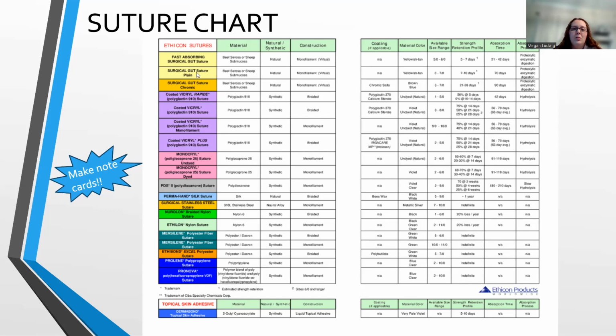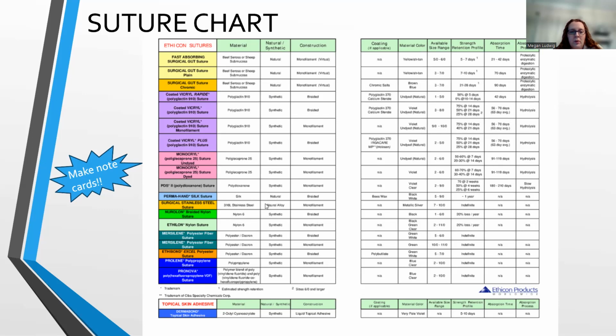Sometimes these natural ones, including silk right here, which is literally made from silkworm, can be more reactive in the body because people have allergic reactions to these natural things, I think more so than synthetic. So you might see some people that are allergic to plain gut suture or silk.